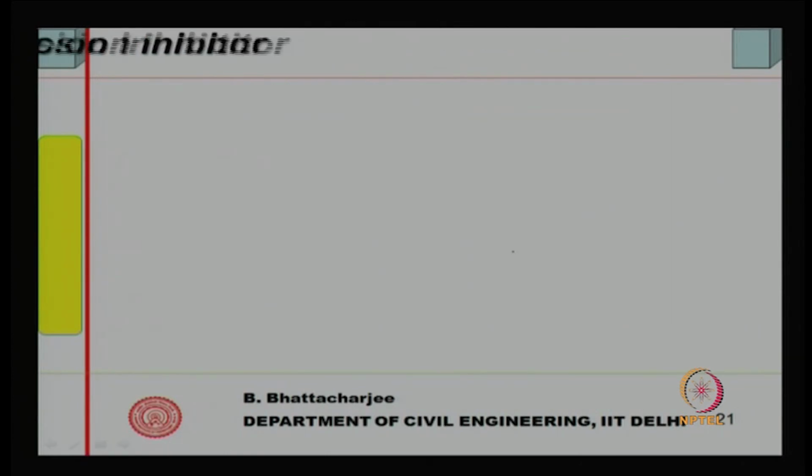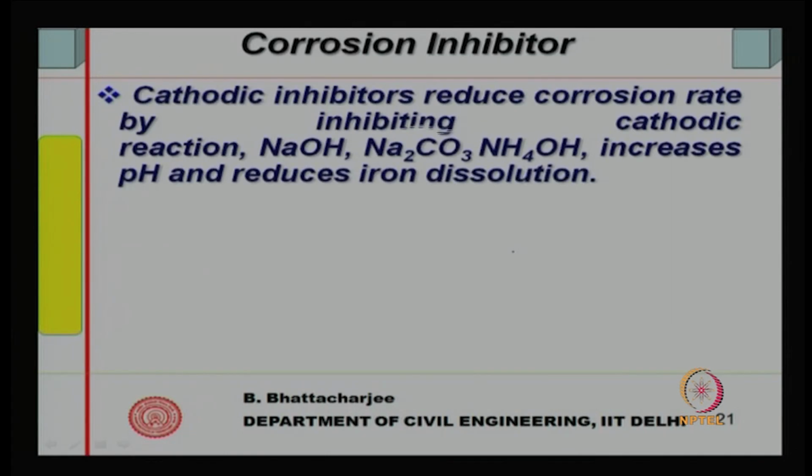Now, what is the cathodic reaction? Cathodic reactions are essentially the reaction between oxygen and water, absorbing electrons to form hydroxyl ions. If you can stop that reaction, then the anodic reaction will automatically stop. Somewhere in the circuit you have to break it.